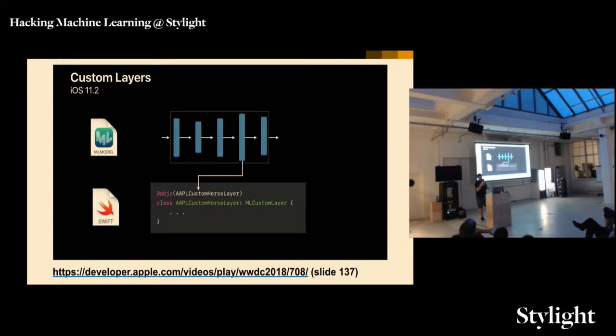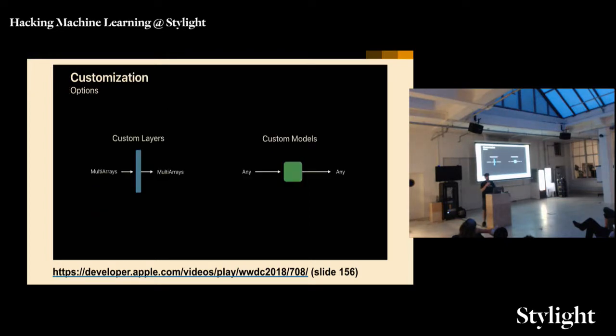So instead of waiting for someone else to implement this, you can just take out this layer in between and implement this on your own. So this is a custom layer, and also custom models themselves, because normally you need a multi-array as an input and output, and with the custom models themselves you can use any data, int, string, for example. So this makes it customizable.